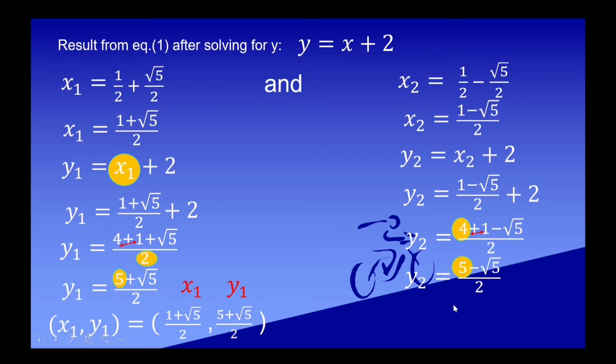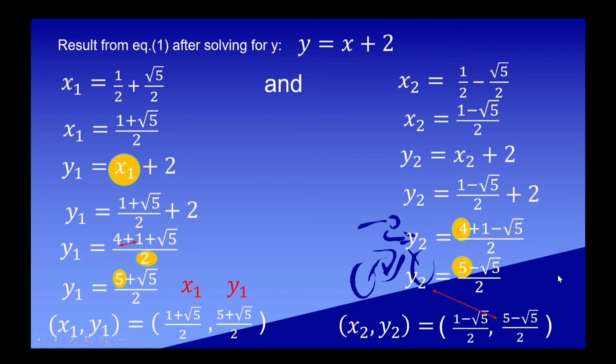So we have the ordered pair: x sub 2 is 1 minus square root of 5 over 2, and y sub 2 is 5 minus square root of 5 over 2.